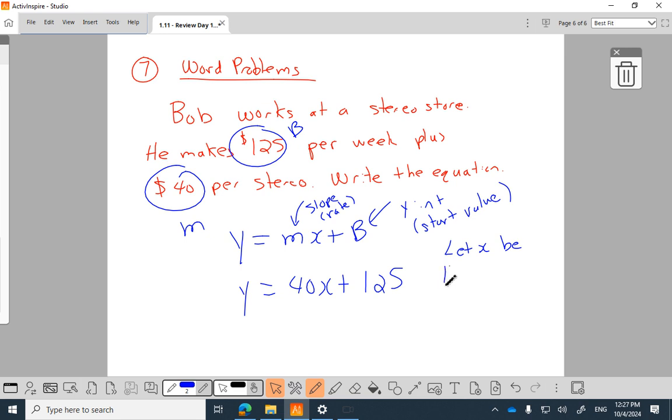So let x be number of stereos. And let y be, once I have the number of stereos, what am I going to figure out? I'm going to go 40 times number of stereos plus 125. What do I want to know at the end of the week of your job? How much you want to make? Yeah. Let y be amount of money made.